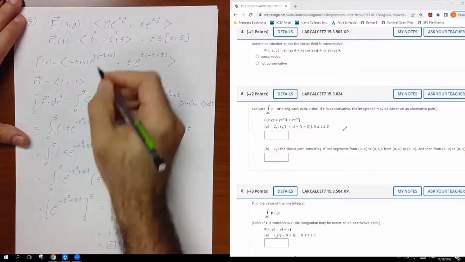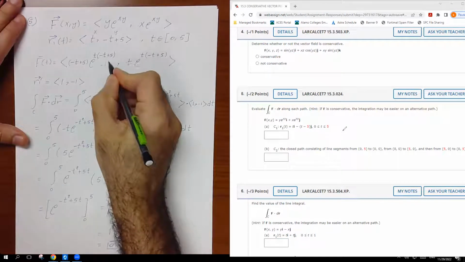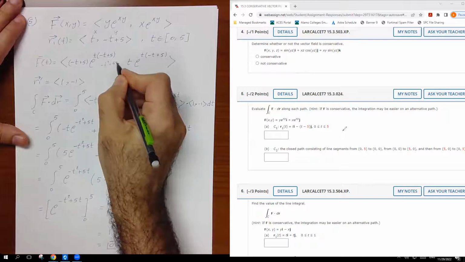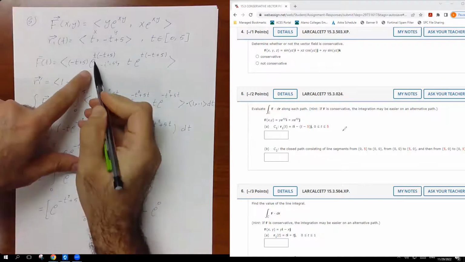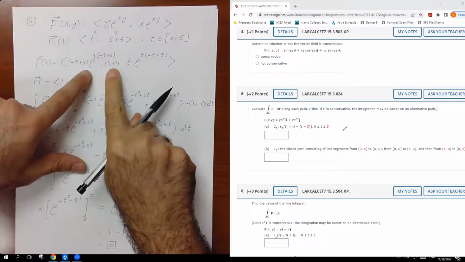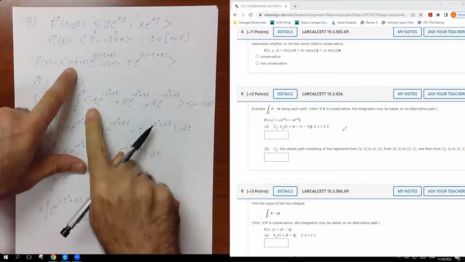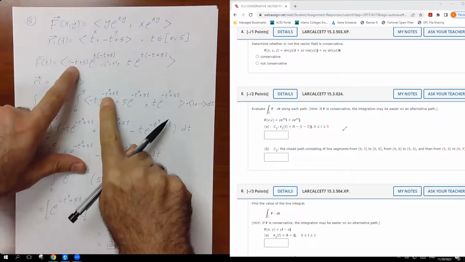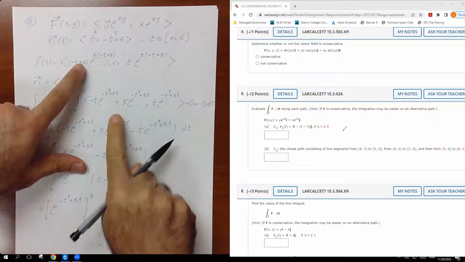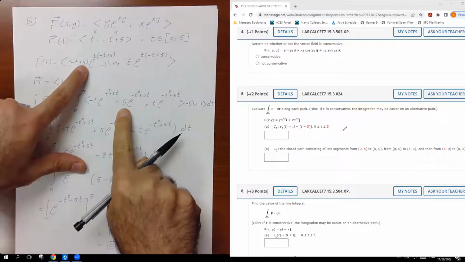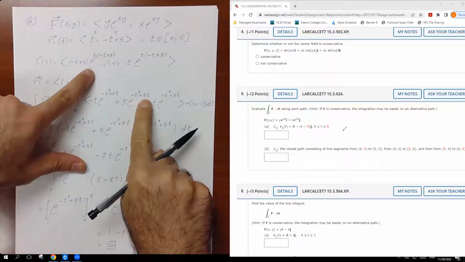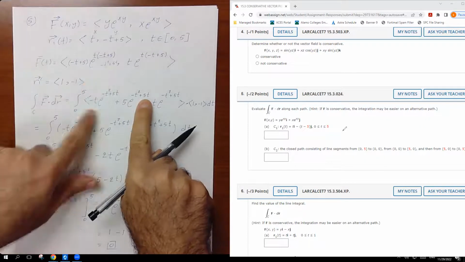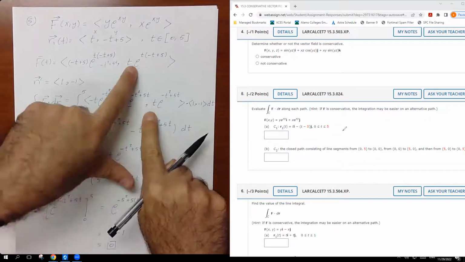When you distribute this part, it is going to be negative t squared plus 5t. And we're going to distribute e to the negative t squared plus 5t here. So it's going to be negative t e to the negative t squared plus 5t plus 5e to the negative t squared plus 5t. So that's what I did on this step, and here is the second part exactly the same.